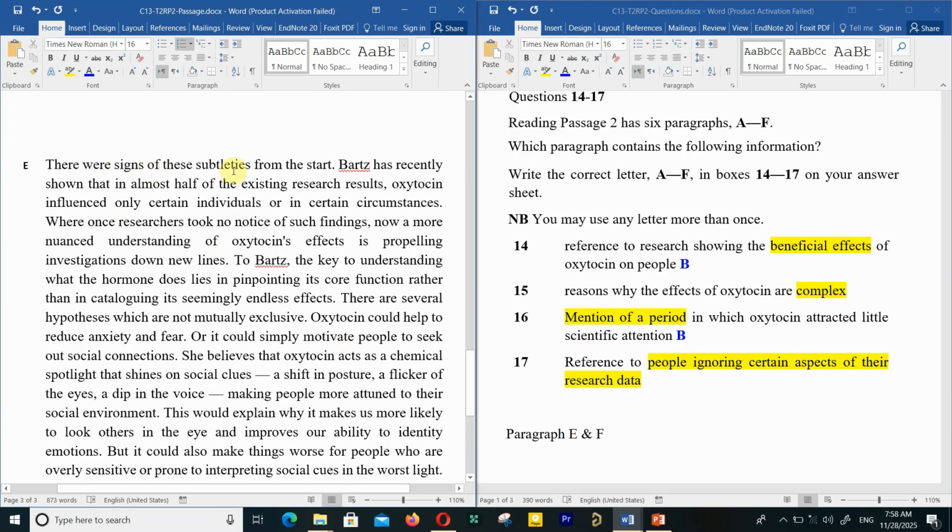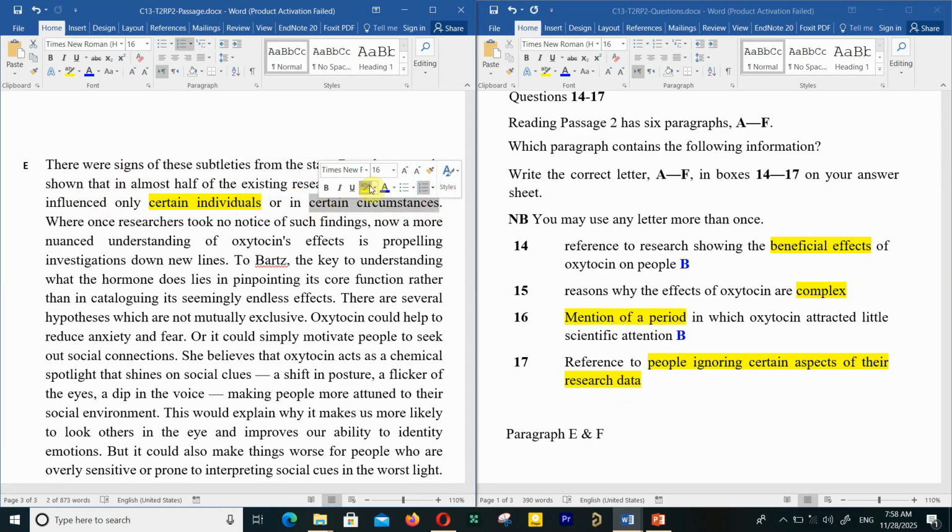There were signs of these subtleties from the start. Barthes has recently shown that, and we're focusing on reasons why the effects of oxytocin are complex, or reference to people ignoring certain aspects of their research data. These are what we are focusing on really. Barthes has recently shown that in almost half of the existing research results, oxytocin influences only certain individuals, or in certain circumstances.